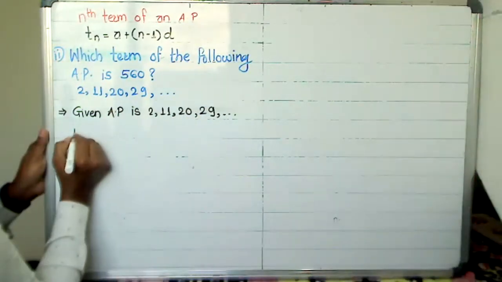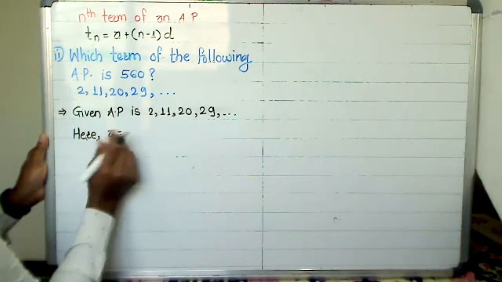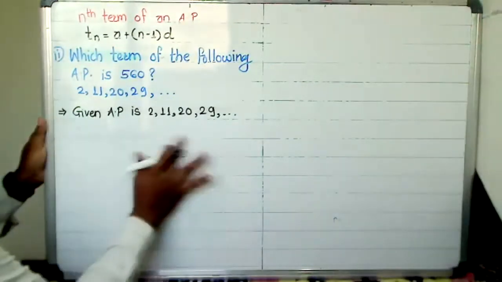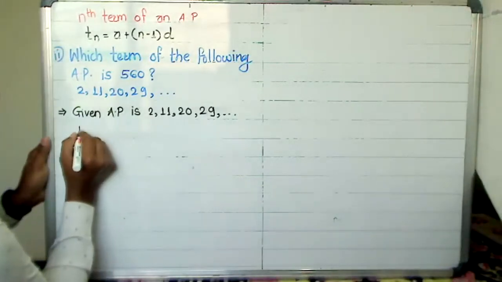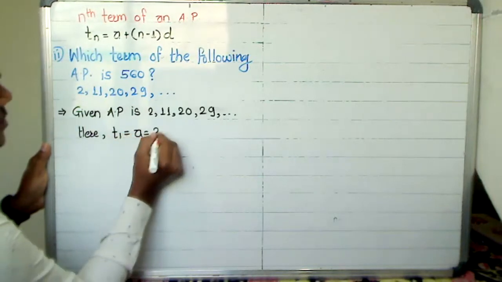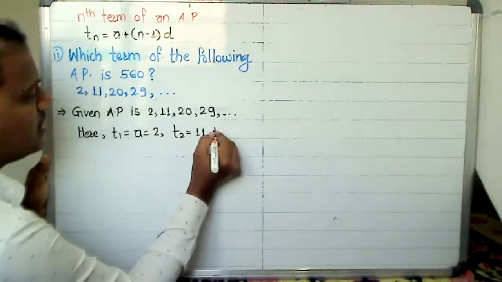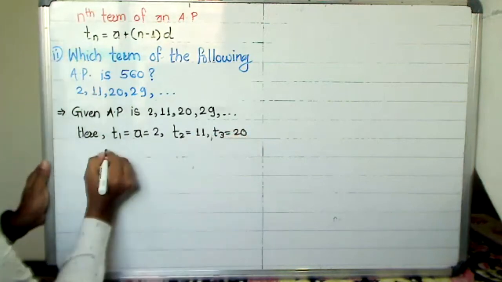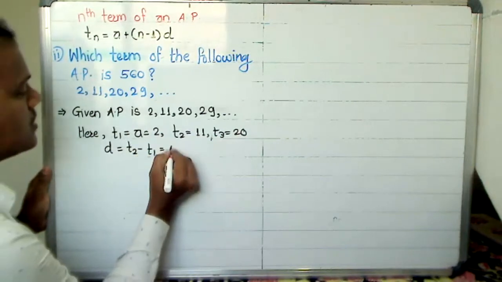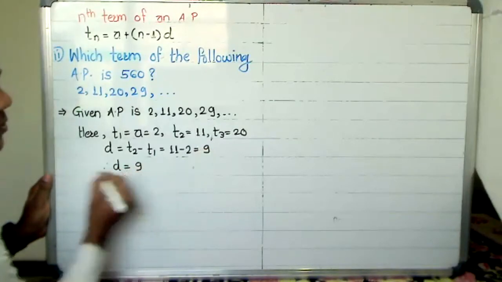Here T1 is equal to A, which is equal to 2, T2 is equal to 11, and T3 is equal to 20. D is equal to T2 minus T1. So T2 is 11, 11 minus 2 is equal to 9. So D is equal to 9.